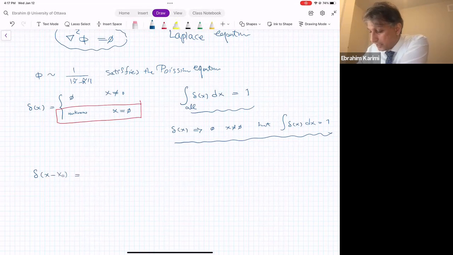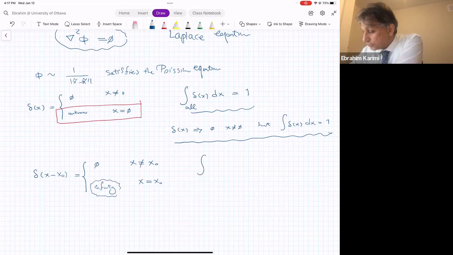Based on the definition, when x is not equal to x0, that is 0. When x equals x0, that is infinity. But this infinity is in the shadow, so the integral of delta x minus x0 dx, when the space includes x0, will be equal to 1.